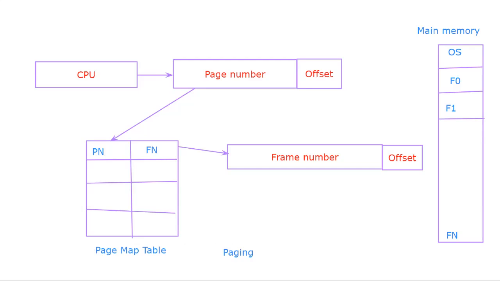Again, I am drawing it. So what we can say is that logical address is equal to page number plus offset. So this is logical address, and frame address is called physical address and is represented by a frame number and offset.